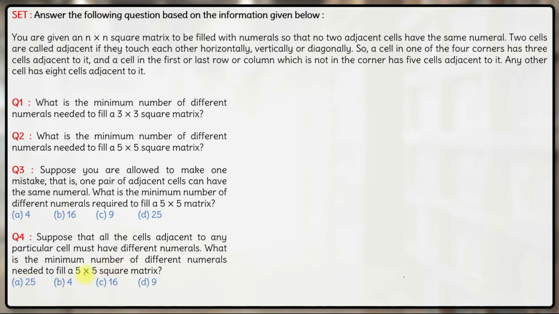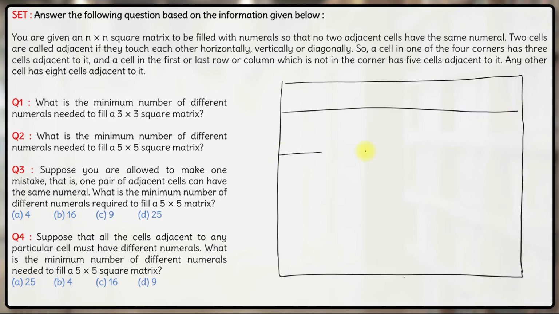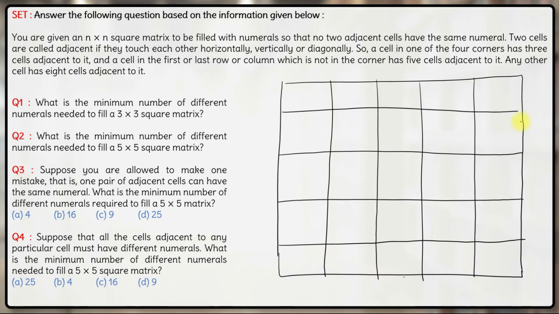Now let's look at the last question here. Again we are talking about a 5 by 5 square matrix, so let me draw a 5 by 5 square matrix. Okay, so the question is, suppose that all the cells adjacent to any particular cell must have different numerals.